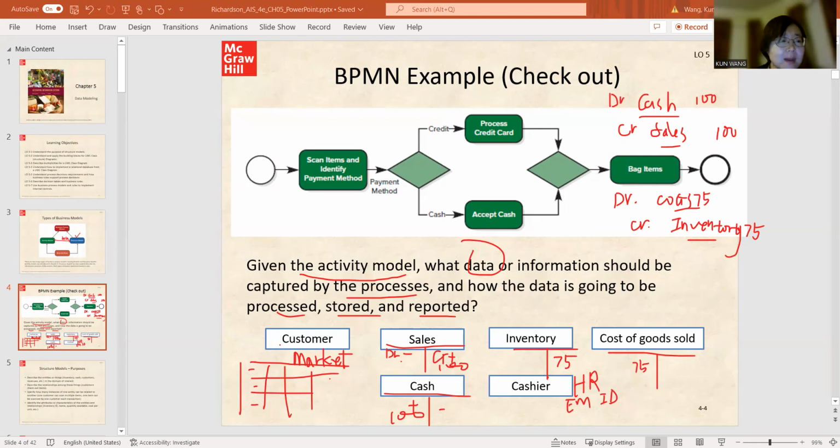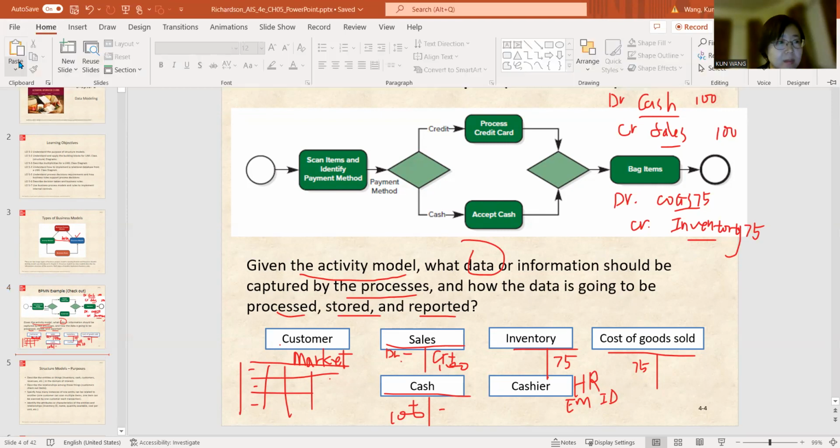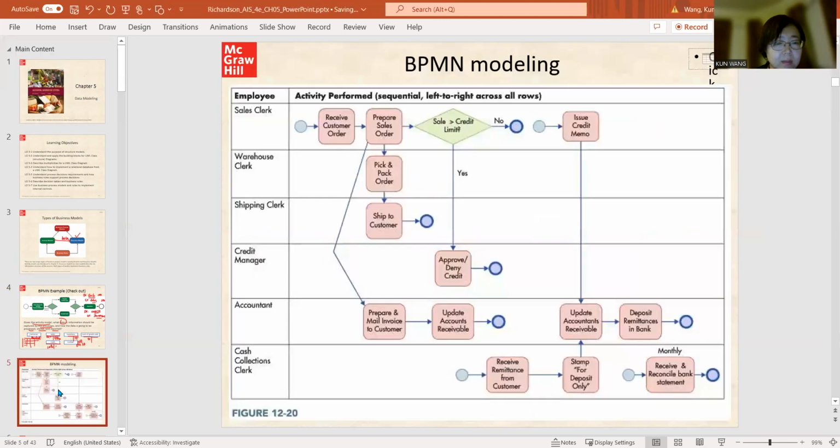Let me copy that and paste it here so I don't need to switch my sharing. Okay, so this one. Can you see that?